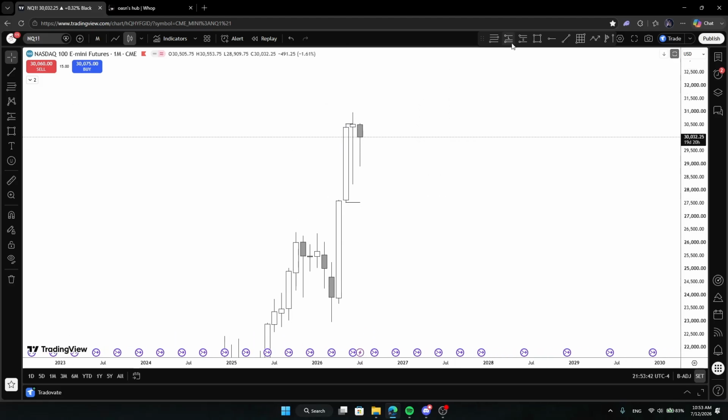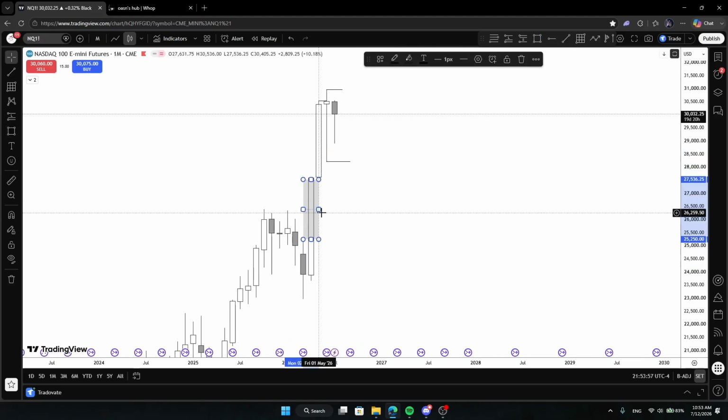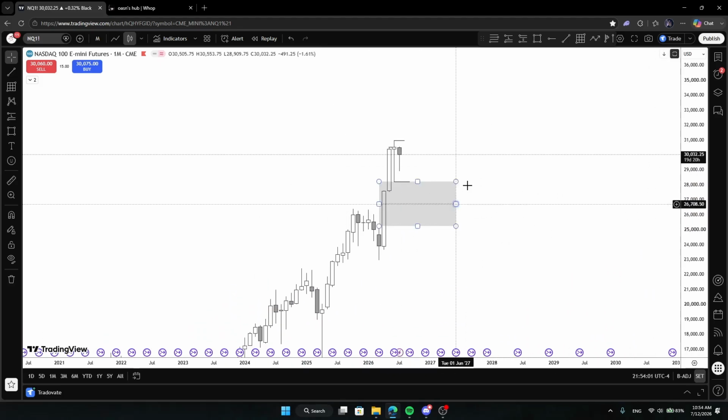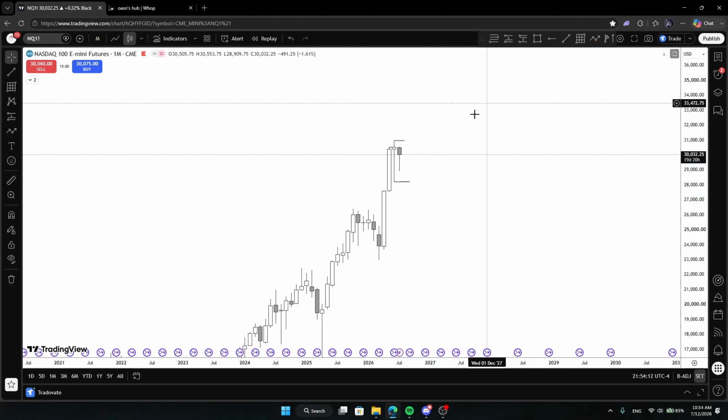So what we could expect is at least the price to sweep out the low of this candle, right? What makes this a good reason is that we also have an unmitigated fair value gap right here that we could possibly tap into before we go up. So you could see the price come down like this, tap into the CE, and then go up, right? So that's our monthly time frame analysis.